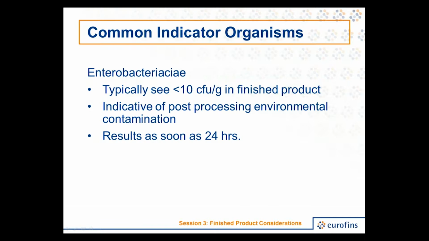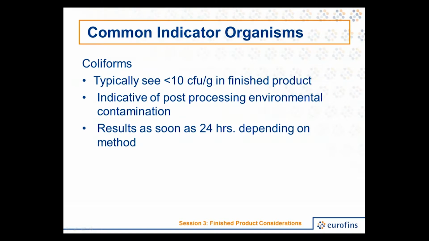And we typically see less than 10 or no counts in a finished product. If you do have higher counts, more than 100 CFU per gram, it's usually indicative of post-processing environmental contamination. And the methodologies that we use can usually get a result for this organism in as little as 24 hours.